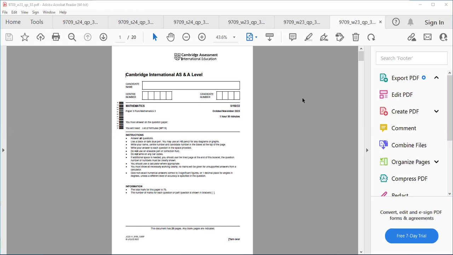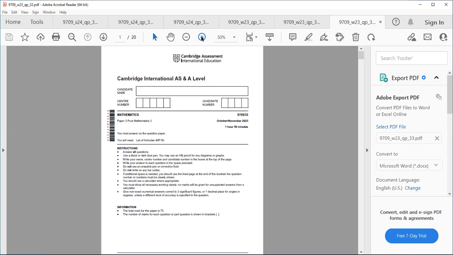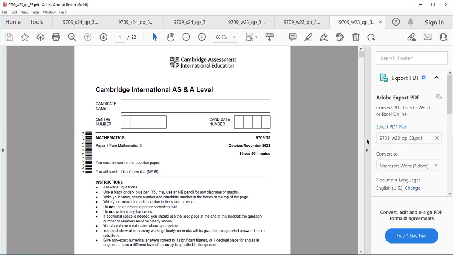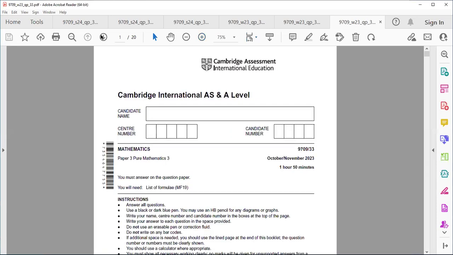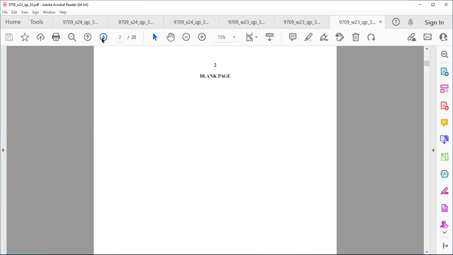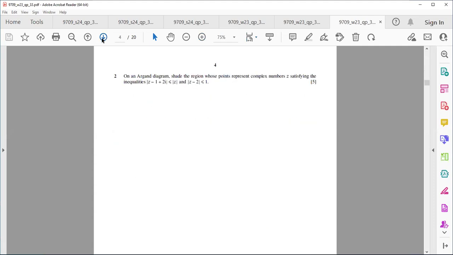This question is from May, October, November 2023, paper 3-3. I will zoom in. First of all, we will find where the question belongs in trigonometry. That question belongs in the modulus, the first one.